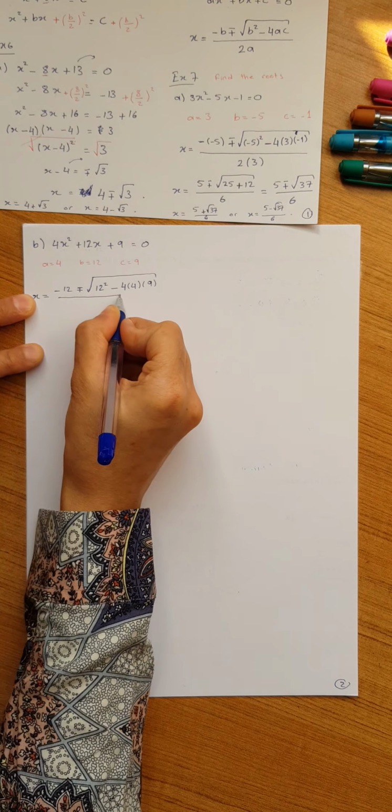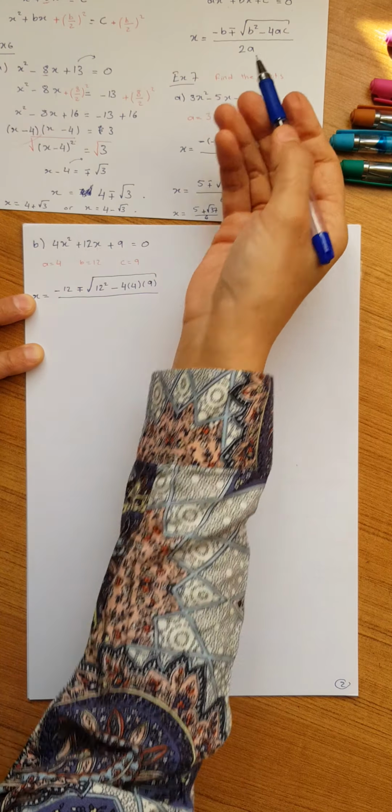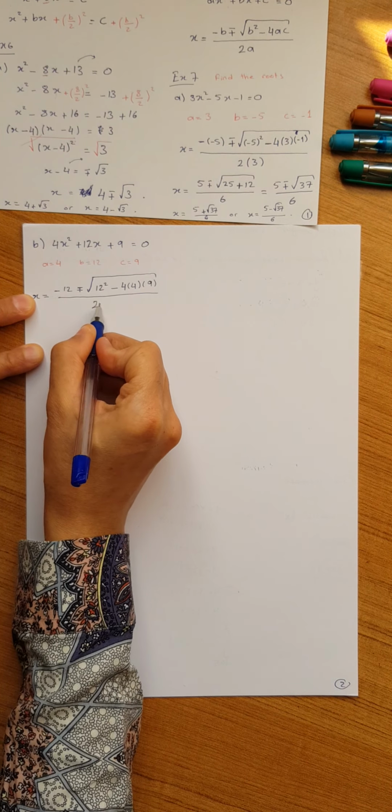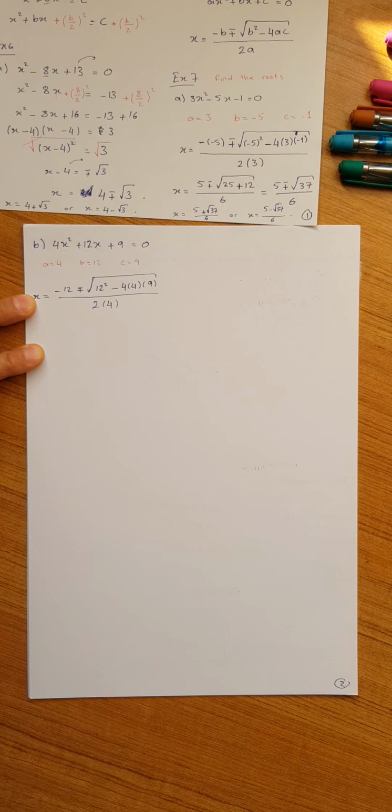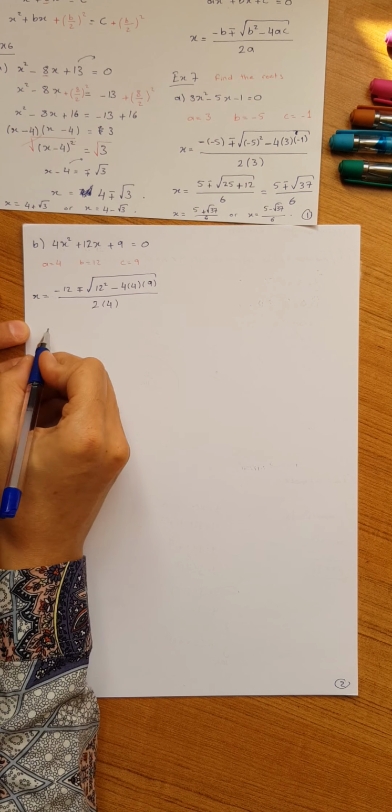Then all over 2 multiplied by a, so 2 multiplied by 4. Let's solve this one.